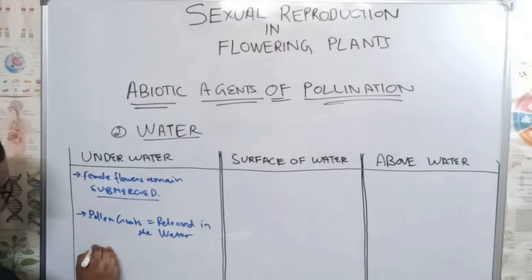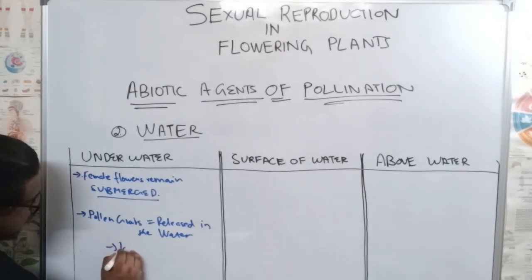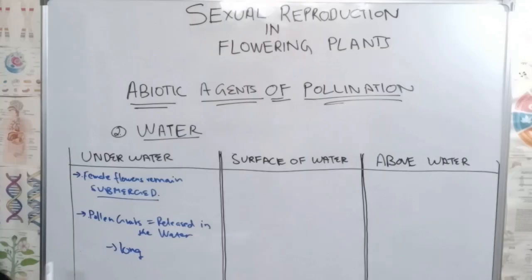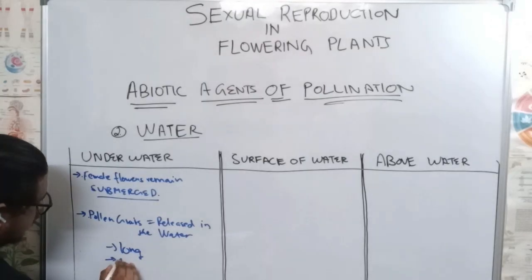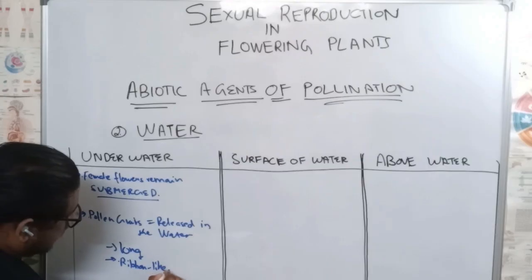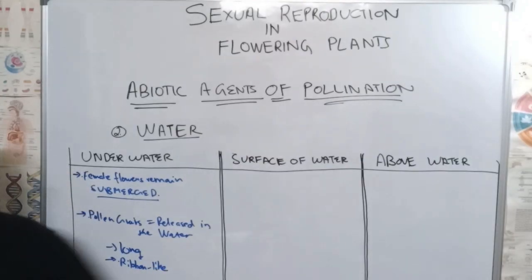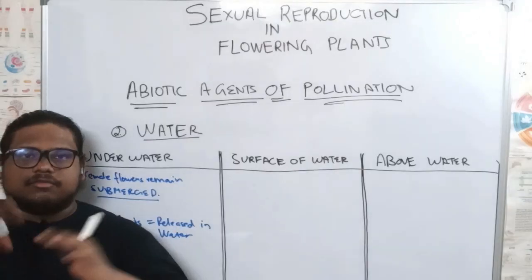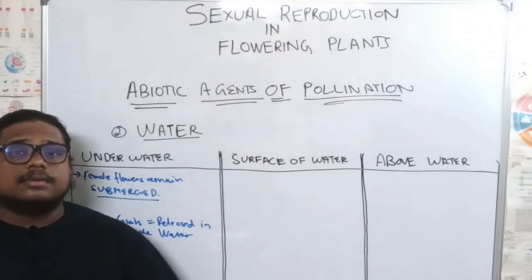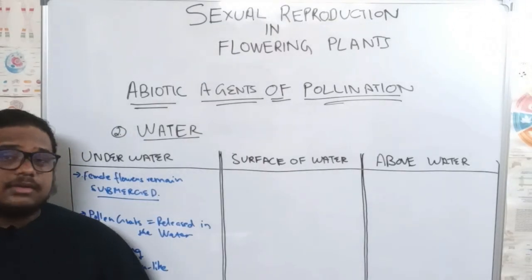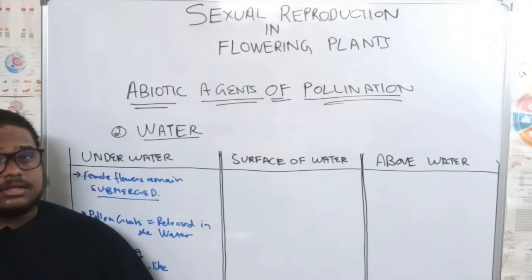Usually in these plants the pollen grains are long in shape, ribbon like, in wavy form, so that they can float in the water and reach the stigma of another flower.